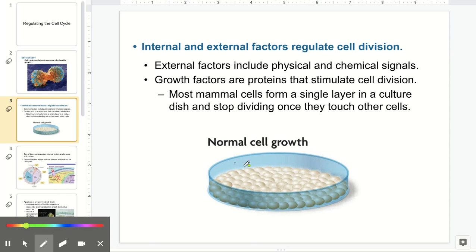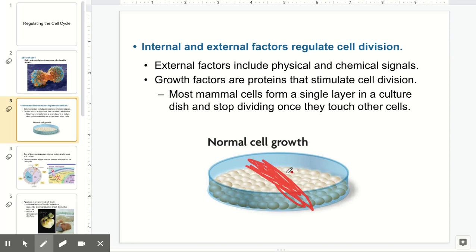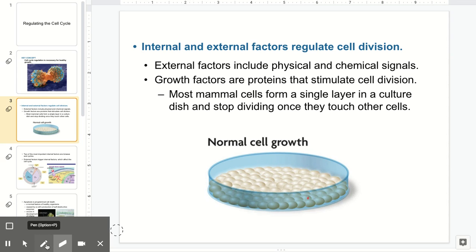So, for example, here we have a plate of cells undergoing normal growth. If a cut happens right here, hypothetically, these cells are removed. The cells on either side are going to receive little signals. And those little signals are going to say, all right, we have an injury, it's time to divide. And then those cells are going to go through division and they're going to fill in the missing spot until they touch on either side.